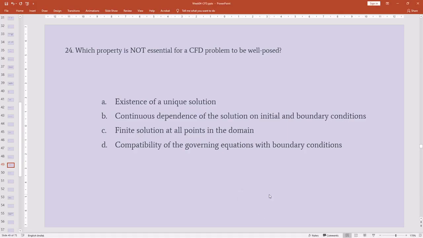If you can recollect the definition for well-posedness of a CFD problem, you can answer the question.